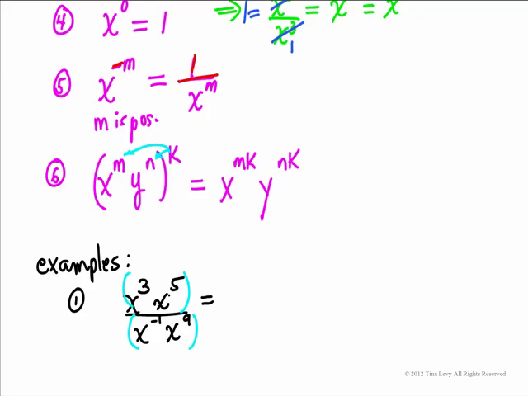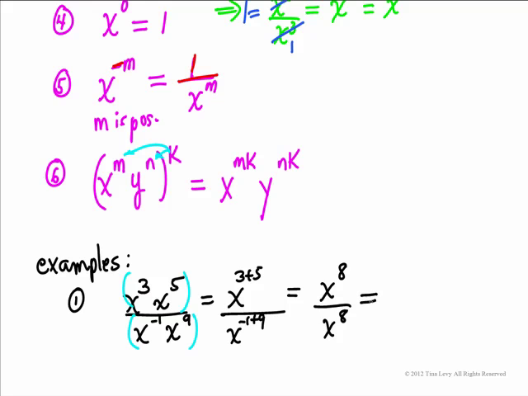Because you have the base x twice, we're going to add the exponents. So this is x to the 3 plus 5, which is x to the 8th. And then similarly, the denominator, we have x base, we're going to add those exponents. So it's x to the negative 1 plus 9, which is x to the 8th.